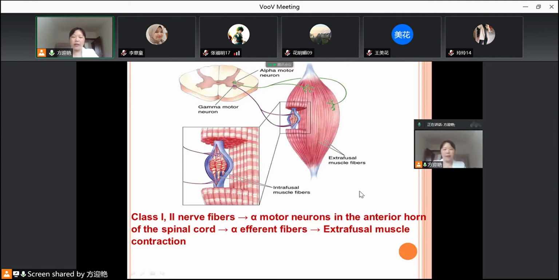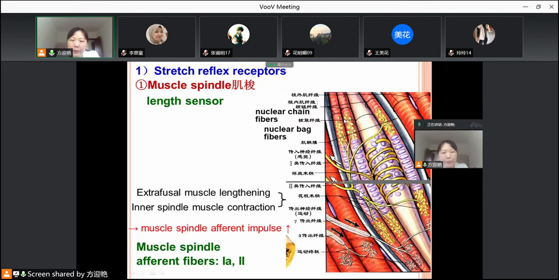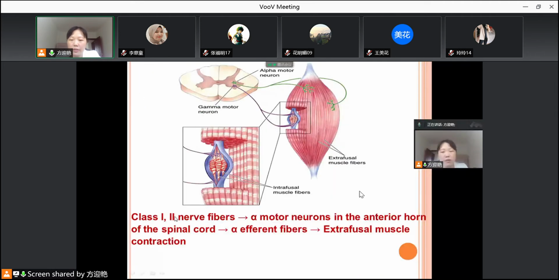Last class we talked about this: when the intrafusal muscle contracts, this mechanical change is converted into electrical activity, and then it can be transmitted by the type 1 and type 2 afferent nerve fibers. These afferent fibers send this change and transmit it to the spinal cord.